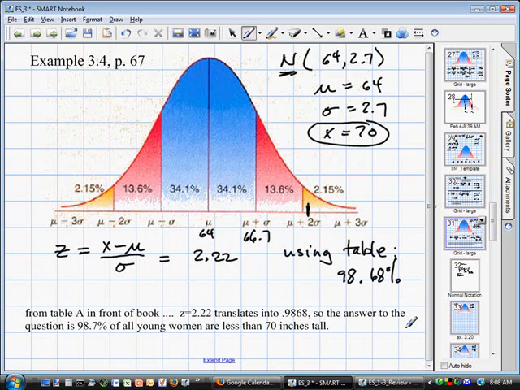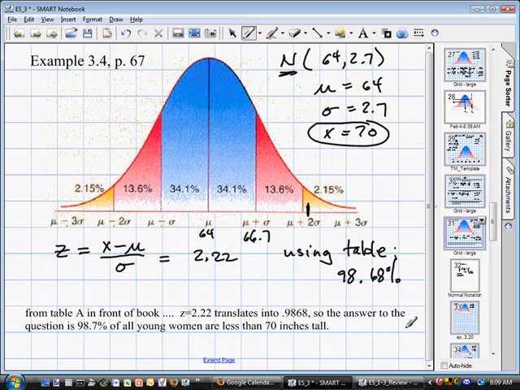You're not going to use this side, because this is all negatives. This is a positive 2.22. Remember, that means to the right. If it were negative, we'd be over on the left side. You go to the 2.2 row and move over to the 0.02 column. And does everybody see 0.9868 there?